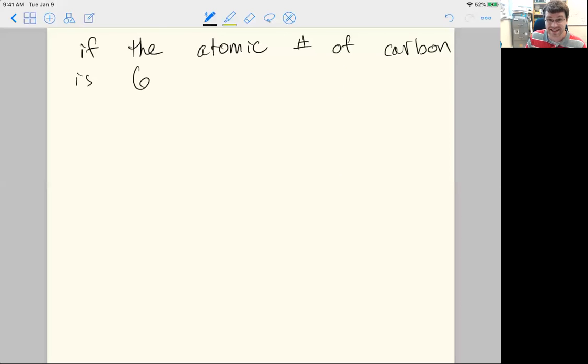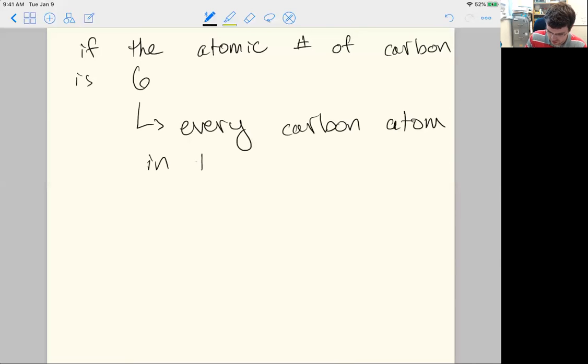Let's put it this way. If the atomic number of carbon is 6, what this is saying is that every carbon atom in the universe has 6 protons.